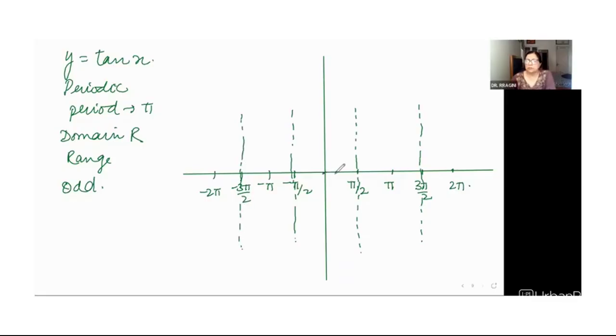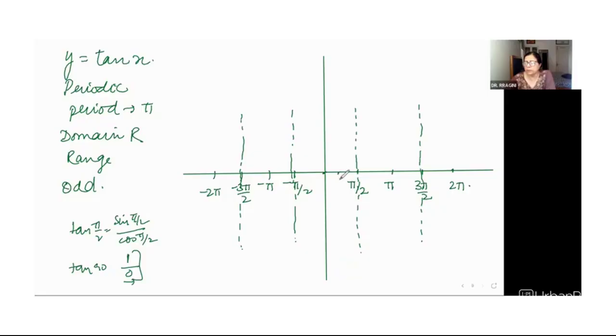What is tan pi by 2? Tan pi by 2 is sin pi by 2 divided by cos pi by 2, sin 90 upon cos 90. Sin 90 is 1, cos 90 is 0. So tan 90 becomes 1 by 0. What is 1 by 0? It is not defined. That means when the denominator approaches 0, the fraction approaches infinity.